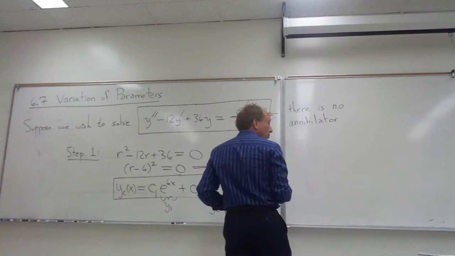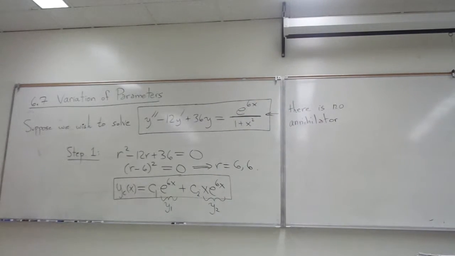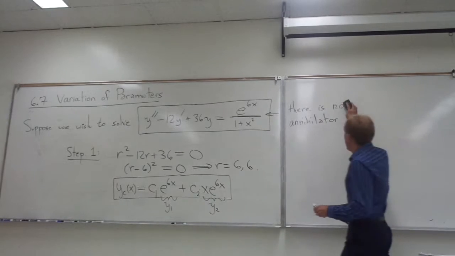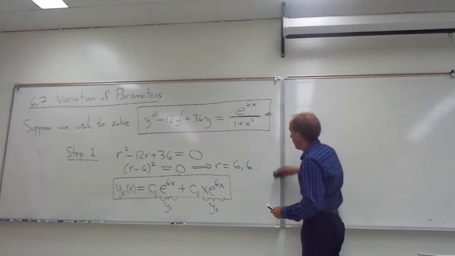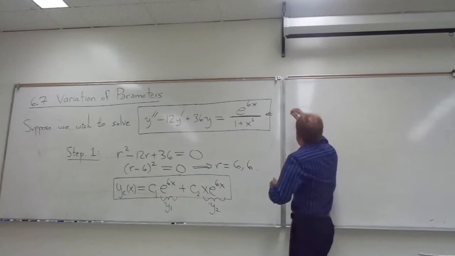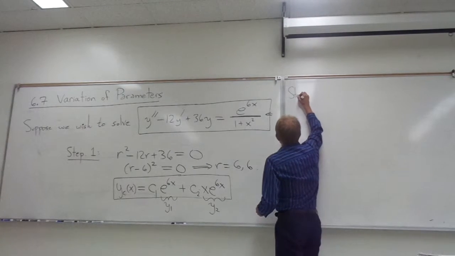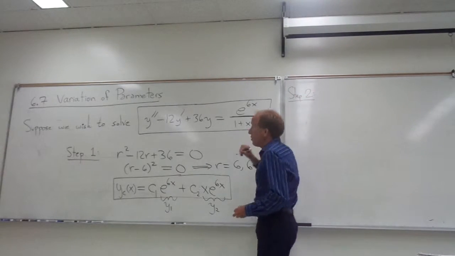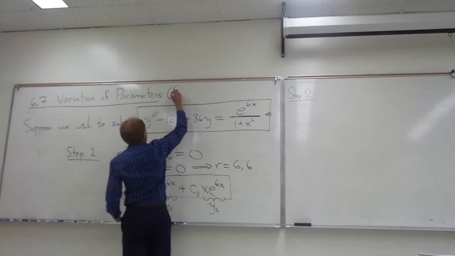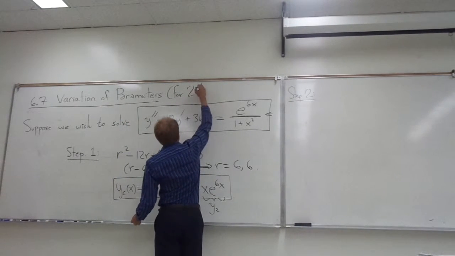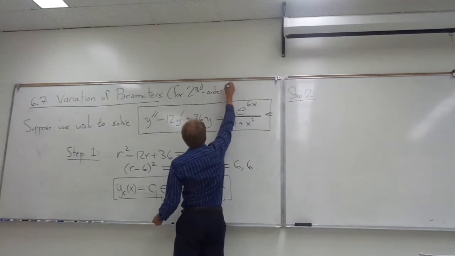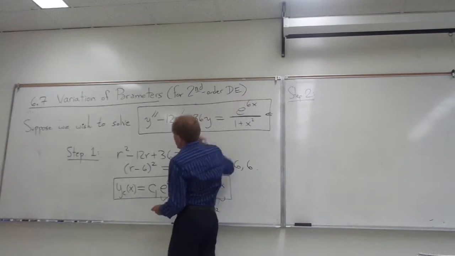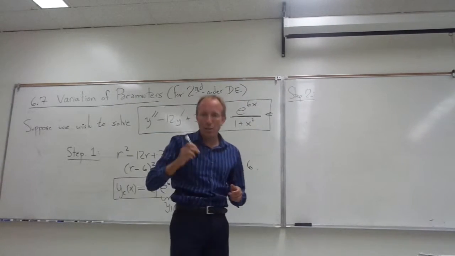Now step two is where we're going to start doing something new, which is the variation of parameters method. First of all, I should mention we're only going to do variation of parameters for second order differential equations. So if you see a differential equation that's higher than second order, we're not going to use this approach.